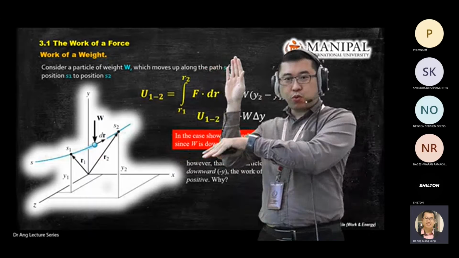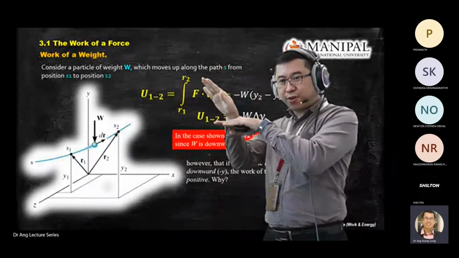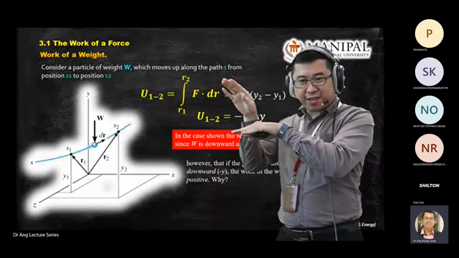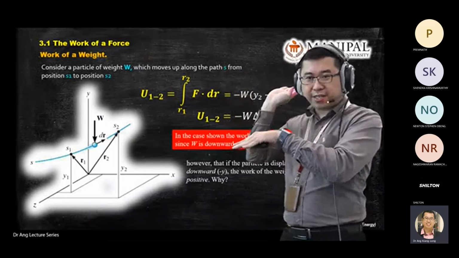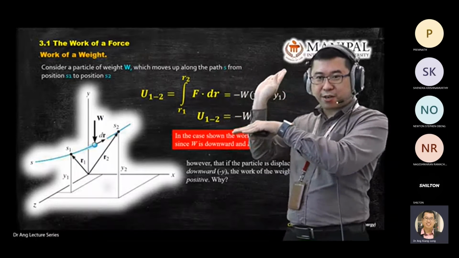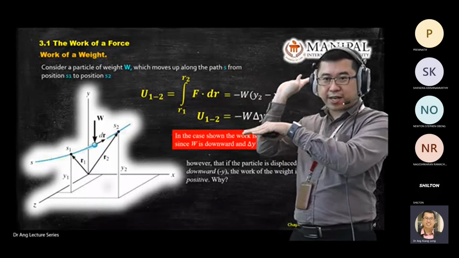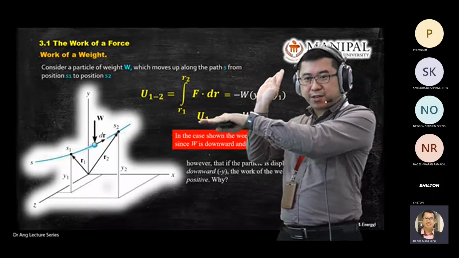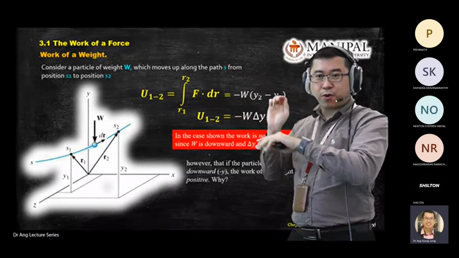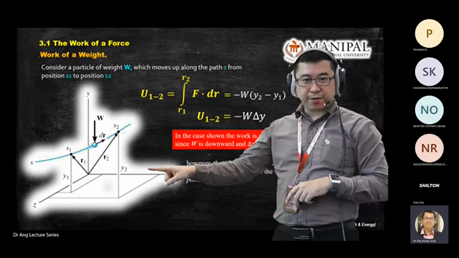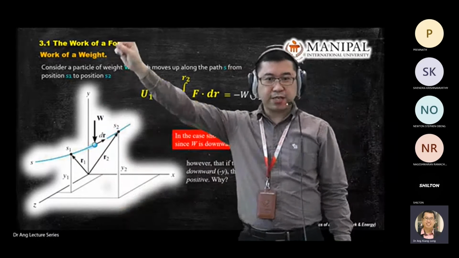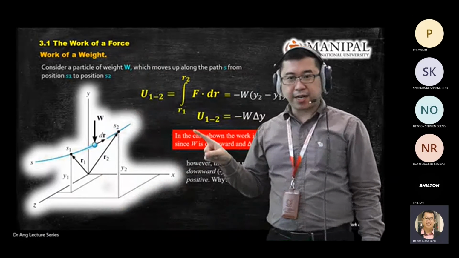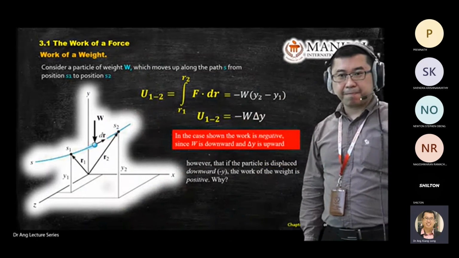When two of your objects here, either force or displacement, go in different directions, if your force is in the opposite direction, force is going this direction, displacement going this direction, you get a negative work. Same with this one. Because your force is going here, displacement is going there. You get a negative sign over here.